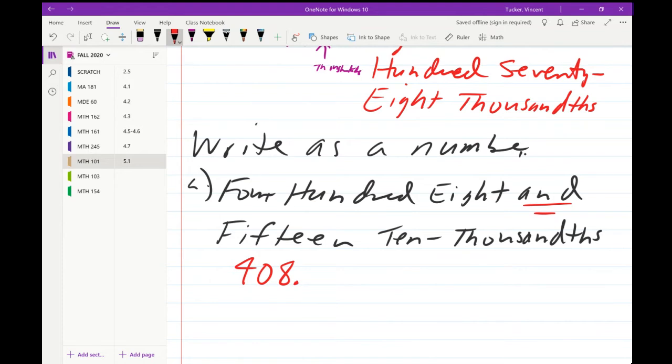So 15 is just one five, but the five has to land in the ten-thousandths place. So you have tenths, hundredths, thousandths, ten-thousandths. So that's going to be 15 right here, and then we put zeros up to the decimal point because that will push the 1 and 5 all the way to the ten-thousandths place.